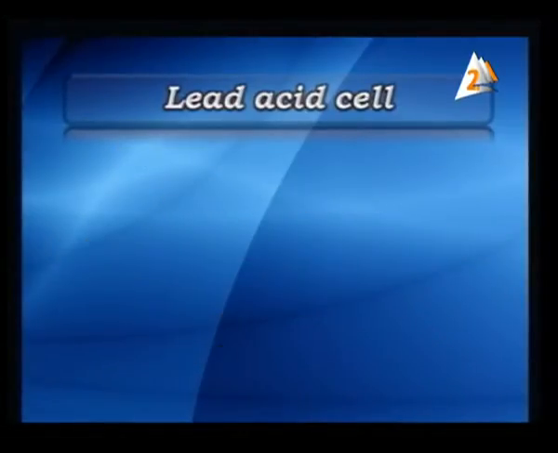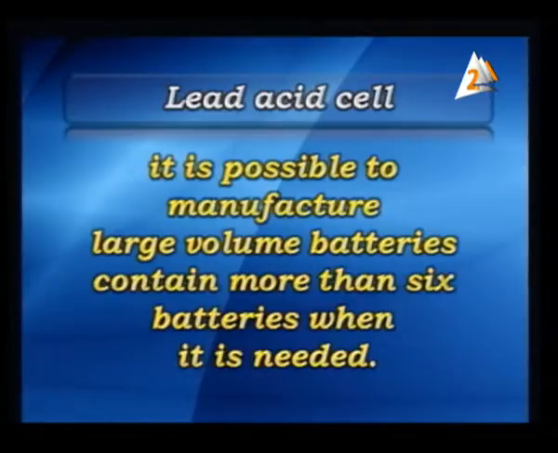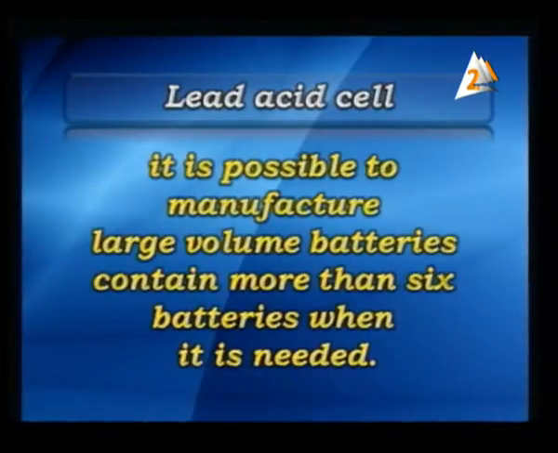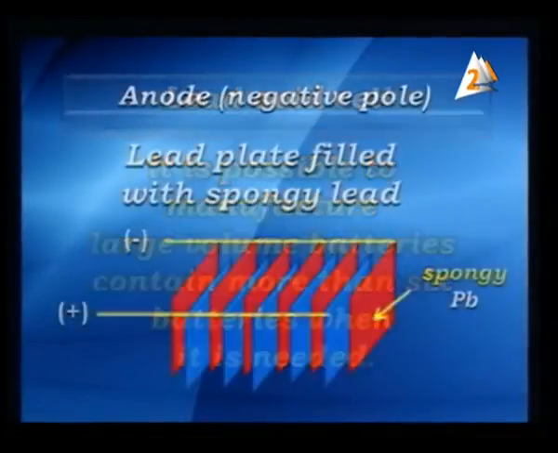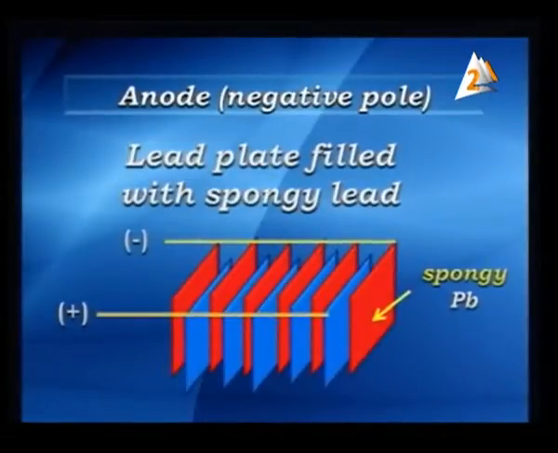What about the others? It's possible to manufacture larger batteries containing more than 6 cells when needed. Why? Because we use them to operate large cars. So we have another thing about this lead acid battery. The anode is a network of lead filled with spongy lead, Pb.